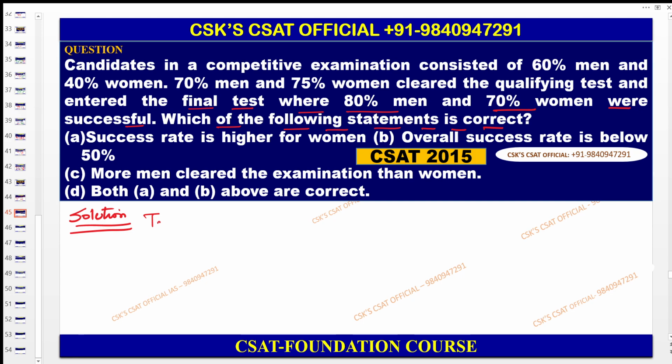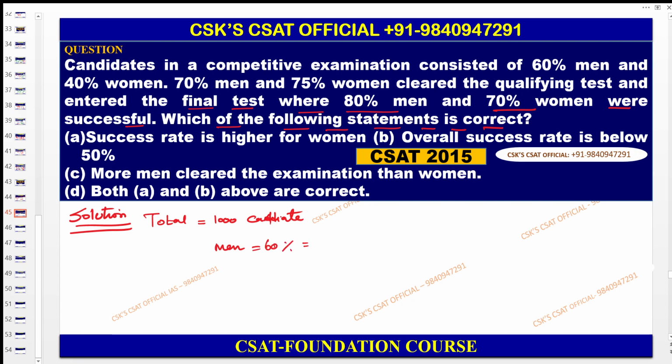Here, candidates in a competitive examination consist of 60% of men and 40% of the women. So just take the total as 1000 candidates. After taking 1000 candidates, you can make a table, or else you can go according to the data itself here. So men here is 60%.